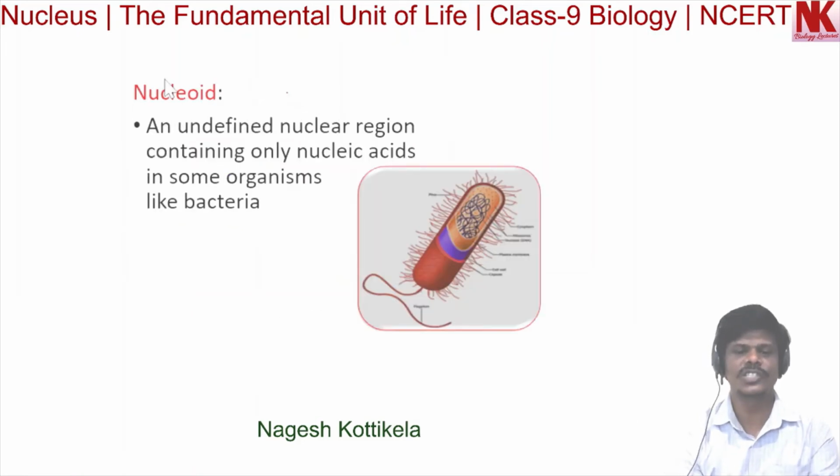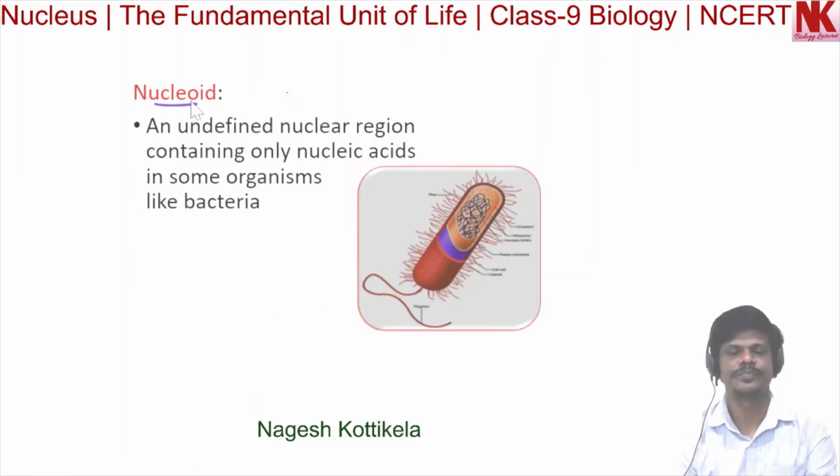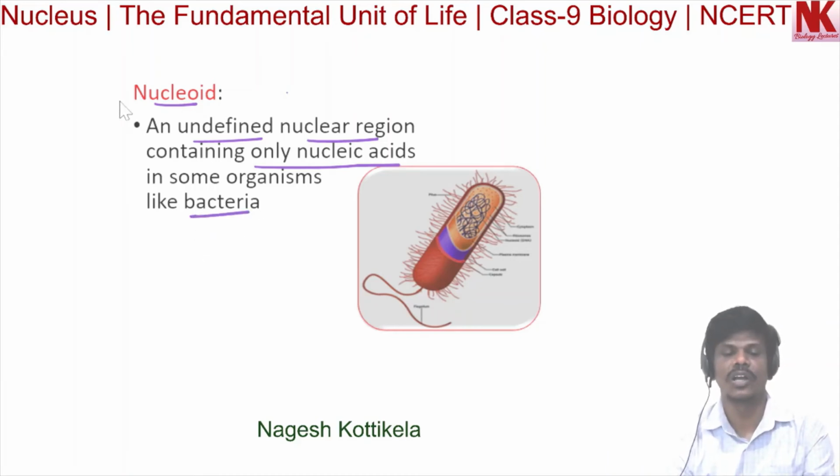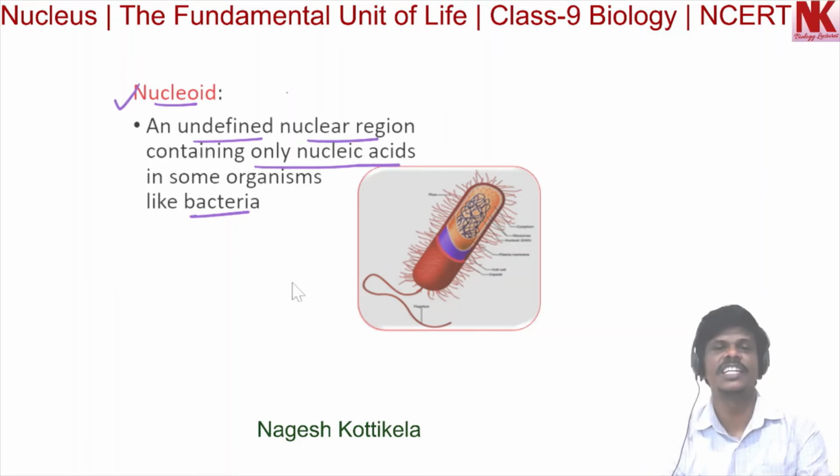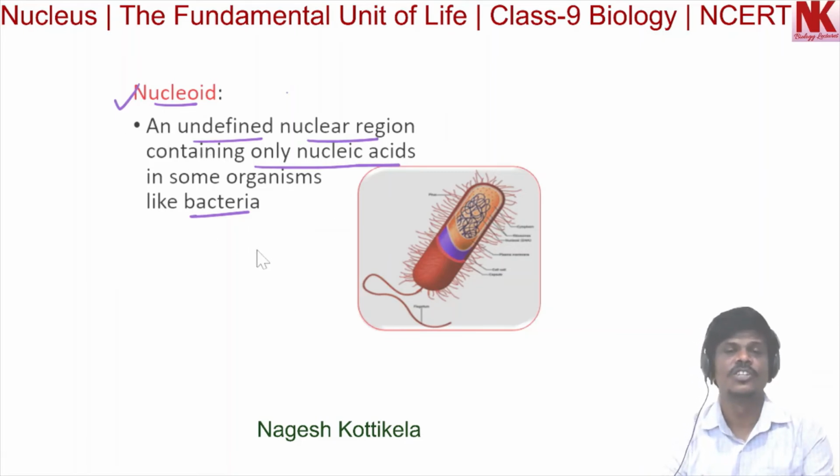Now let's discuss nucleoid. An undefined nuclear region containing only nucleic acids in some organisms like bacteria is called nucleoid. So it is a region in the cytoplasm where the DNA is located. Here you can see this is the picture of a bacterial cell or the prokaryotic cell.